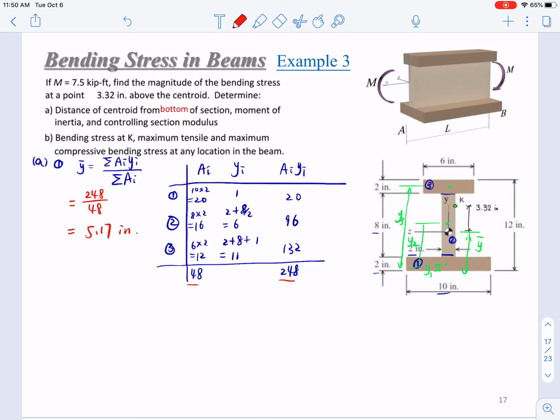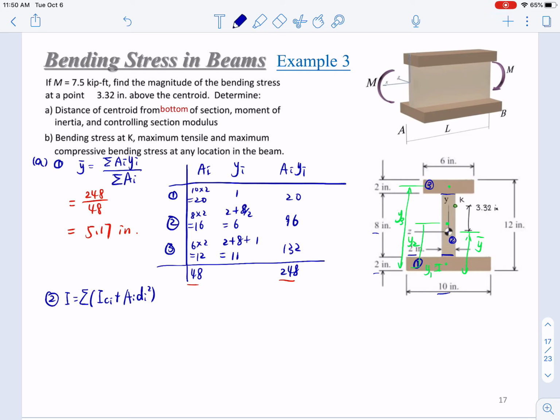Okay, in the second step of step A, we're calculating the I. The equation is the sum of ICI plus AI DI squared.